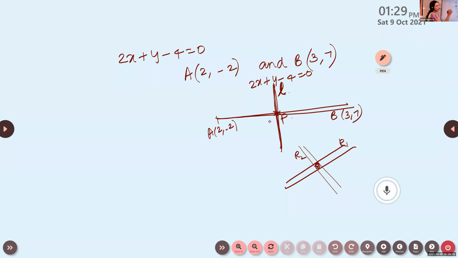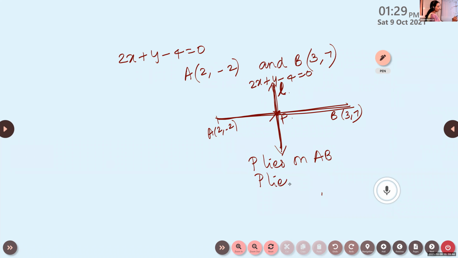This is the point where it lies on the line segment as well as on the line, when two lines intersect. So this point of intersection, you can consider it as a junction. It lies on both the lines. So the point P lies on AB. Also, it lies on the line L.